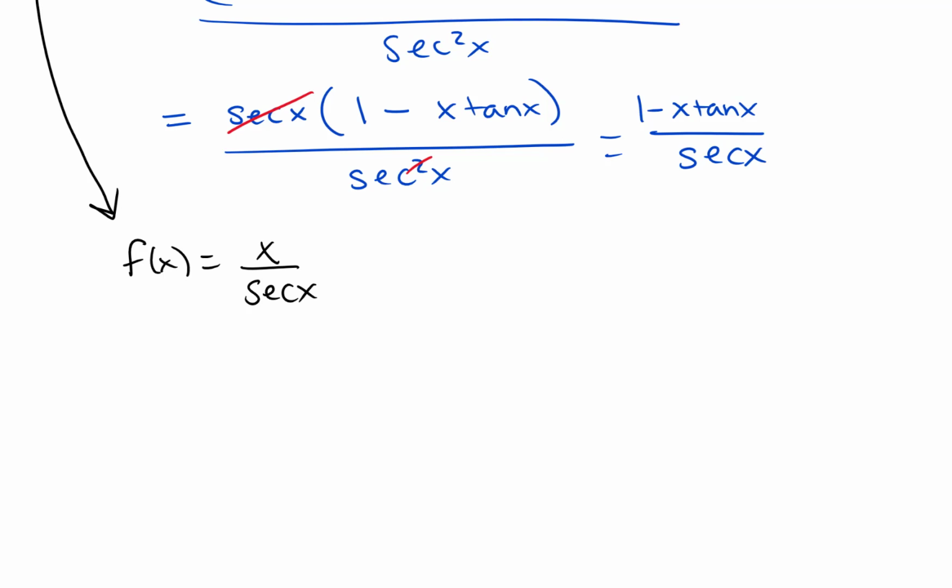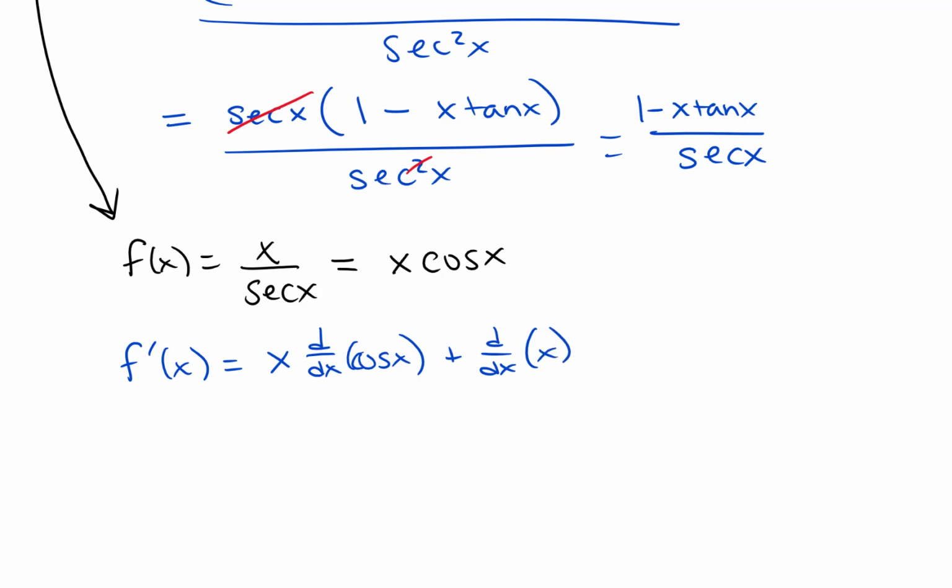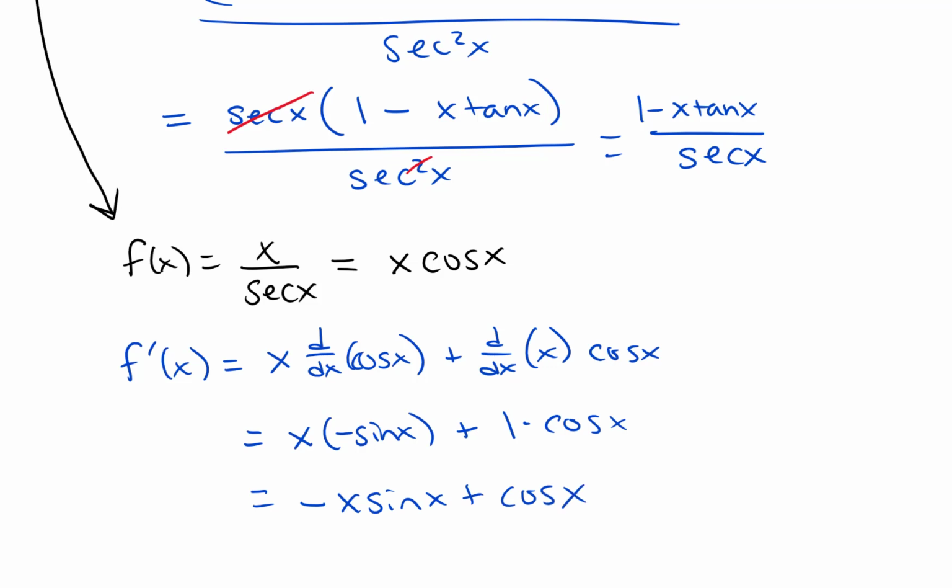Some of you might have said, hey, I know that 1 over secant is cosine, so I could write this as x times cosine of x instead, and then I could have used the product rule to take this derivative. x times the derivative of cosine plus derivative of x times cosine, and the derivative of cosine is negative sine, plus 1 times cosine, which just simplifies to negative x sine of x plus cosine of x.